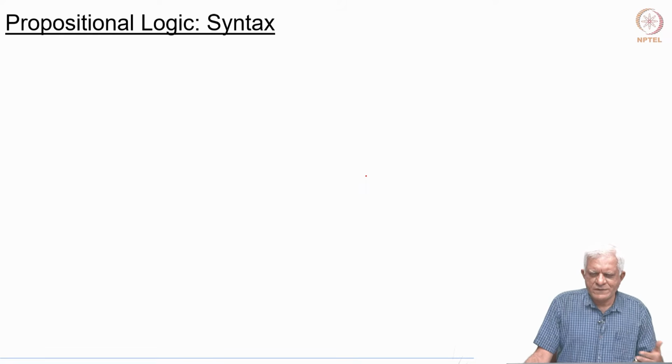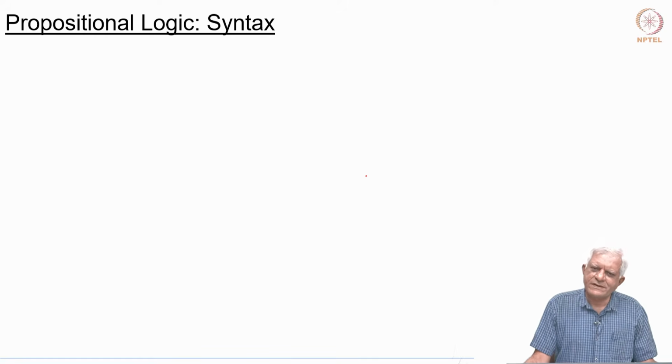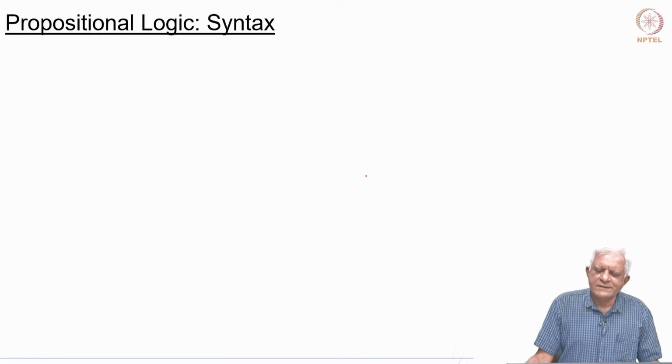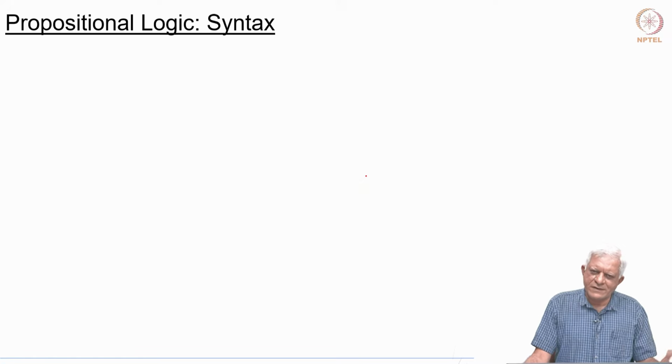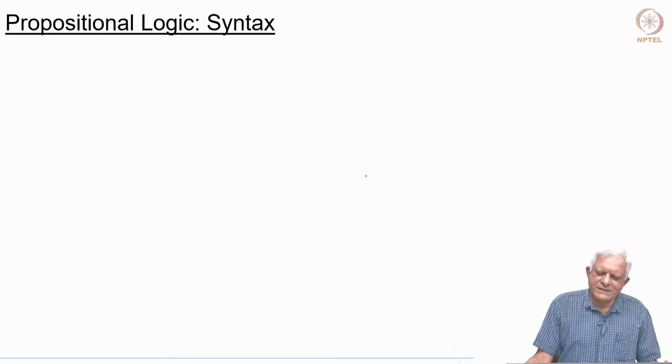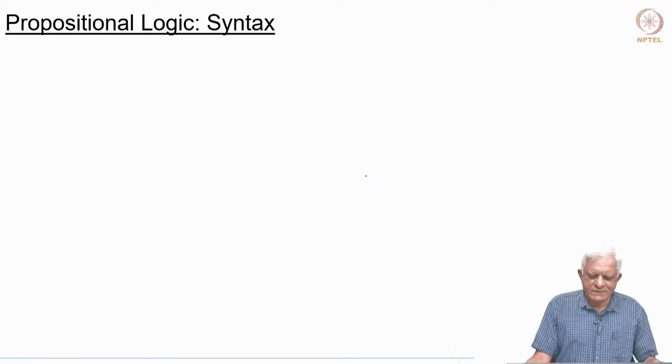If you have done a course on formal languages, you would have studied regular languages, context free languages and so on. Basically all of them are sets of sentences which are defined using some simple rules. They do not even have to be defined using rules. You can explicitly say that this is the set of sentences that I am dealing with.